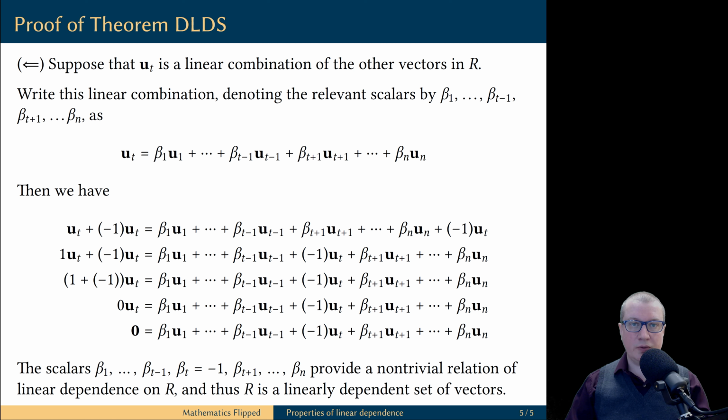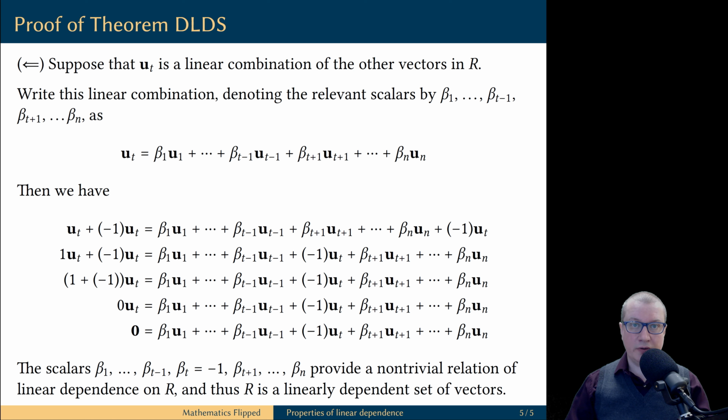But what we have now is a linear combination of the vectors in the set R that is equal to the 0 vector. In other words, this is a relation of linear dependence on the vectors from the set R. I claim this relation of linear dependence is non-trivial. To see that this is a non-trivial relation, all we need is to ensure that we have at least one non-zero scalar.